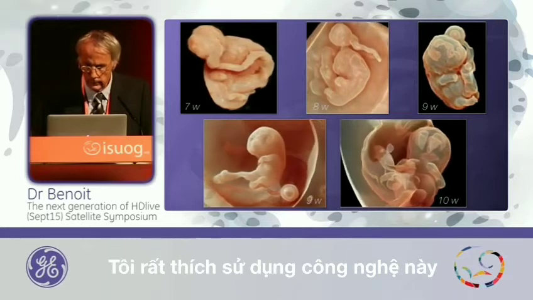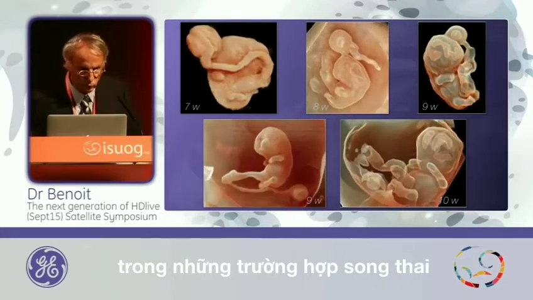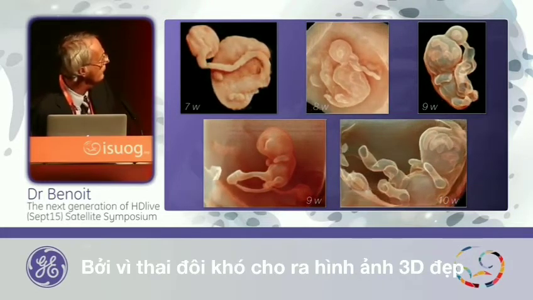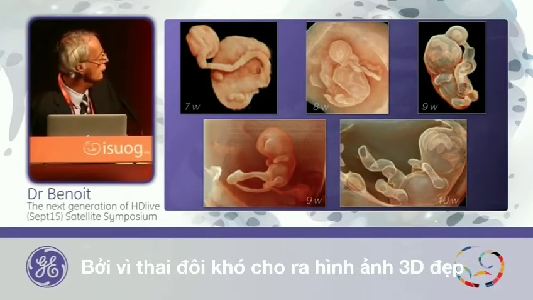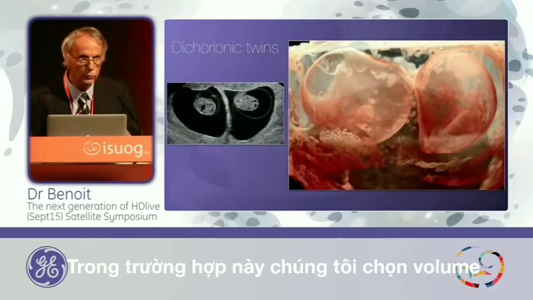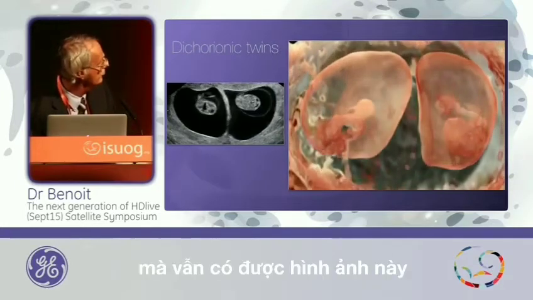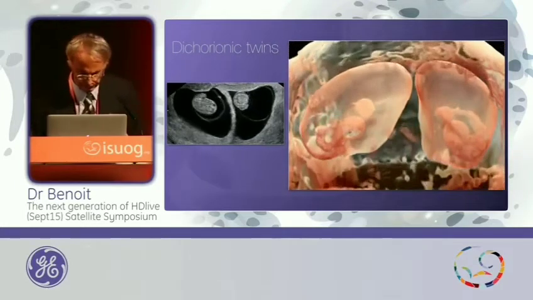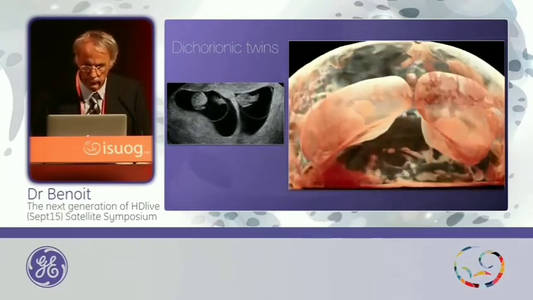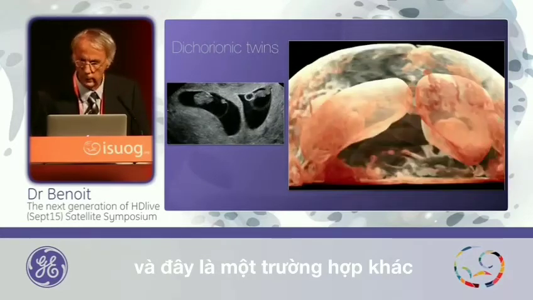I really like to use it in case of twin pregnancy, because in twin pregnancy it's sometimes difficult to provide a good 3D image. In this case, we choose a volume without cutting the volume, and this is a result with the silhouette mode. And this is another one, monochorionic twins.